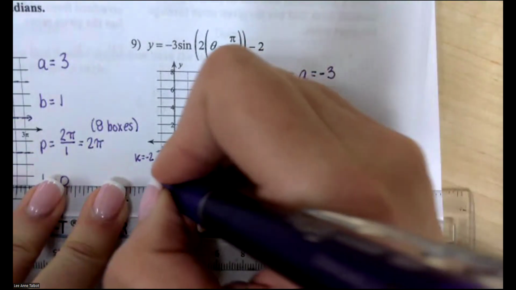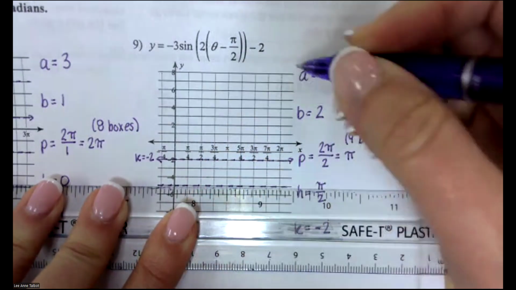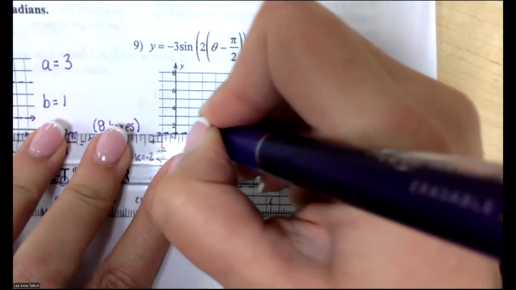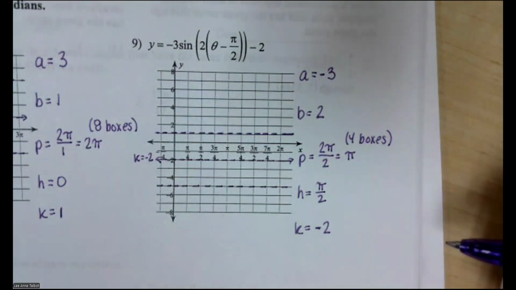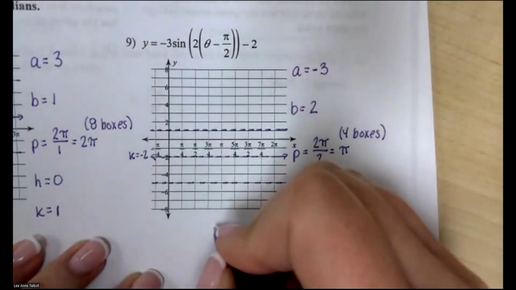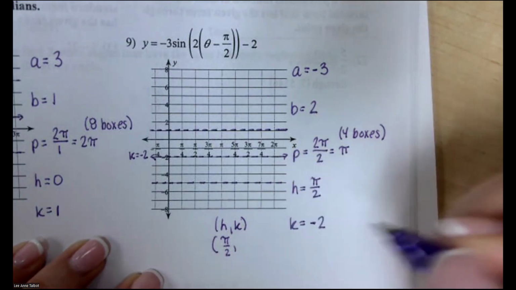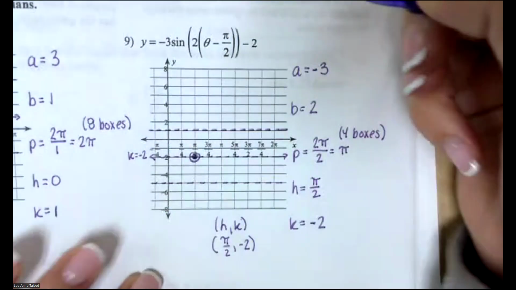Just go 3 on either side. Okay, locator point for our sine is just H, K. Pi over 2, comma, -2. Graph and circle.